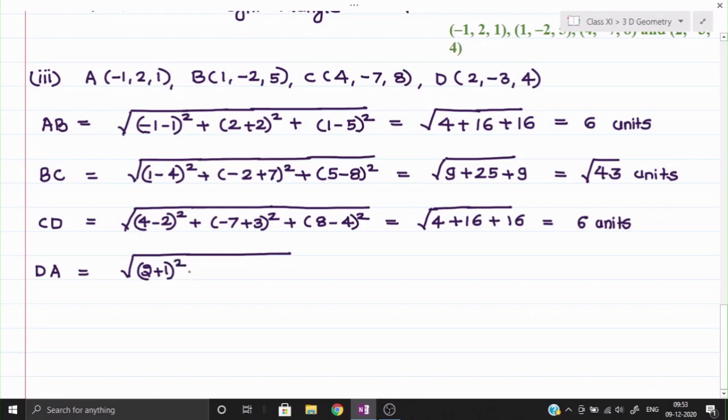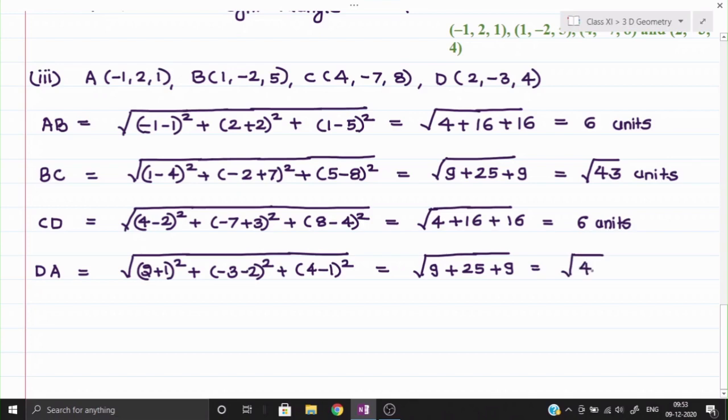Then minus of 3, minus of 2. So plus (-3 - 2) whole power 2 and plus (4 - 1). Now let us simplify. So is equal to, this one is 2 plus 1, 3, square of 3 is 9, minus 3 minus 2, minus of 5, and square will be 25, and 4 minus 1, 3, square of 3 is 9. So this is also coming here under root of 43.